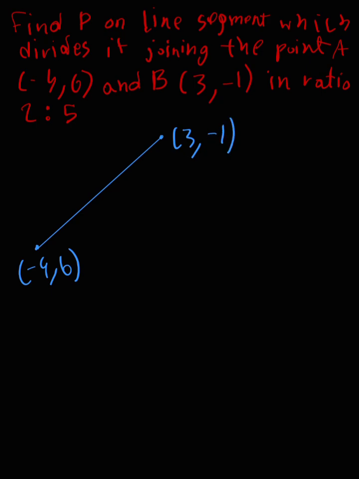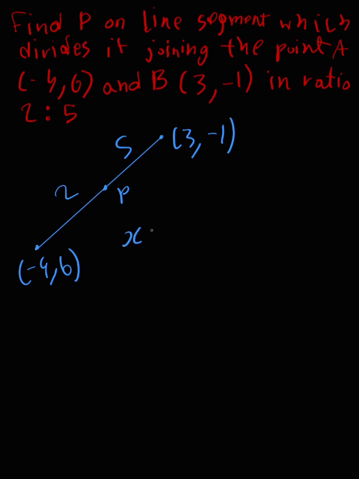This is not drawn to scale, it's just for representation. And there's a point P here, and P divides this line in the ratio 2 is to 5. We have been asked to find this point P. So we will apply the section formula in this case to obtain the P value.